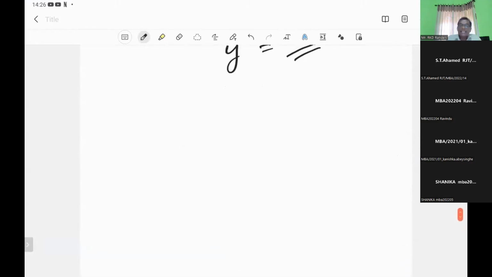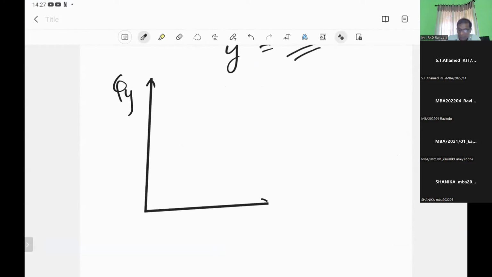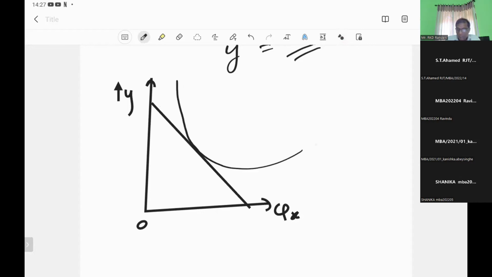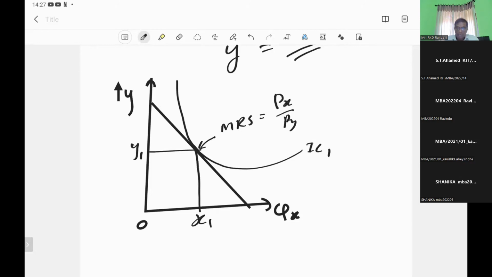Now already we discussed consumer equilibrium under indifference curve analysis. At the equilibrium point, here quantity y, quantity x, 0. Indifference curve. Right.